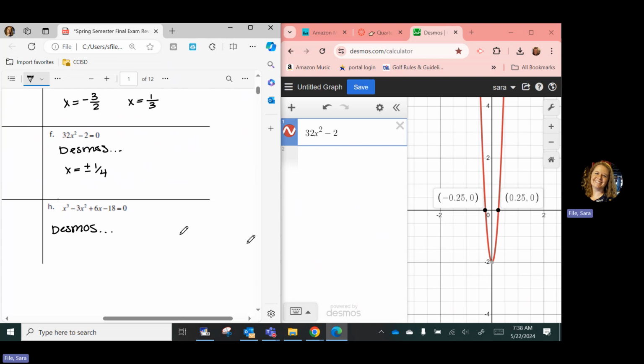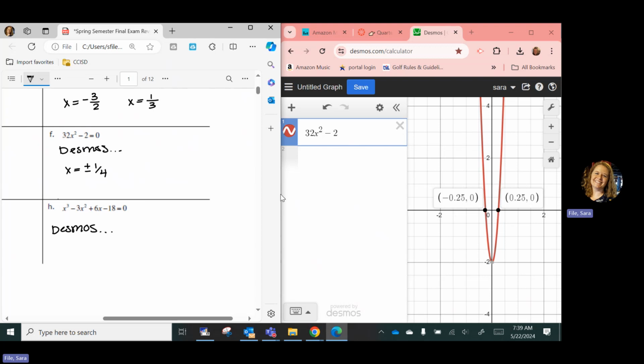Now, to graph it properly, it does have to be set equal to 0, which all of these are. But if you come across an equation, no matter what form of equation, like if it's absolute value or polynomial or rational or log or exponential, anything, or radical, you have to get it set equal to 0 to be able to see the graph accurately, to look for the x-intercepts.